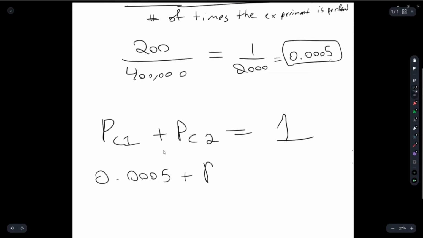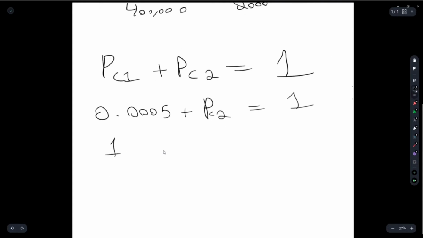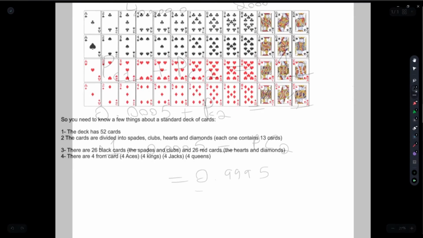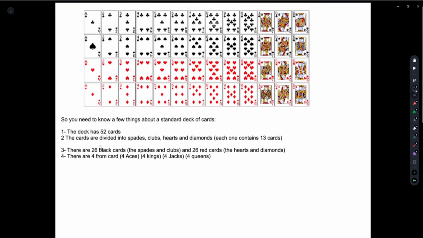I'll write this as PC2, equal to 1. So it will be 1 minus 0.0005 equal to PC2. So it will equal 0.9995.